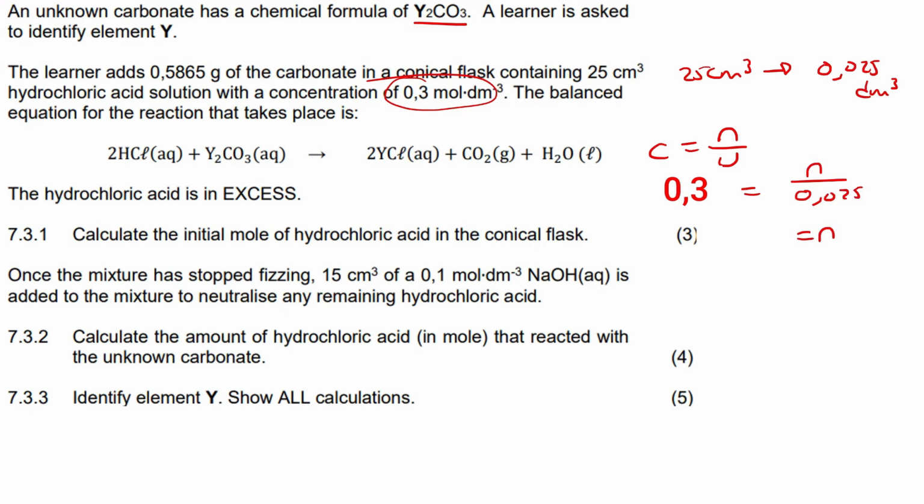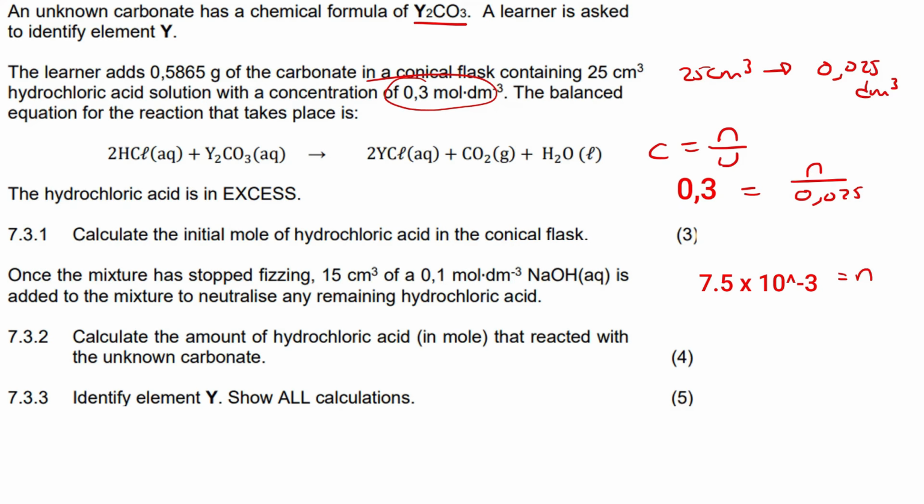And so we end up with, okay, once the mixture has stopped fizzing, this much NaOH is added to the mixture to neutralize any remaining hydrochloric acid. Okay, let me pause right there and help you guys understand what is going on.